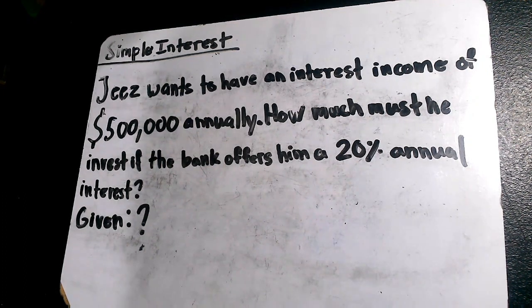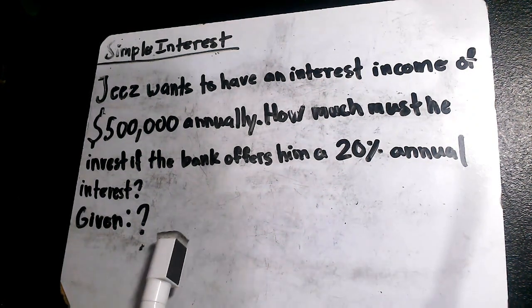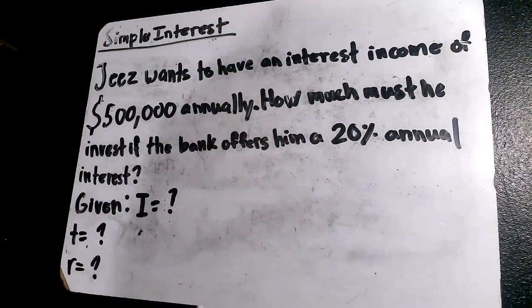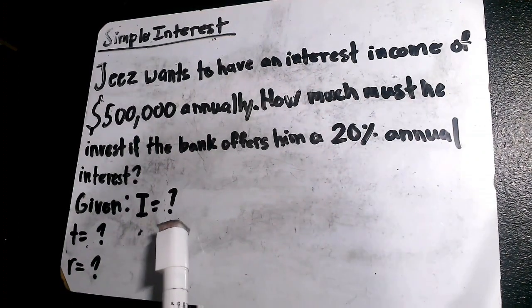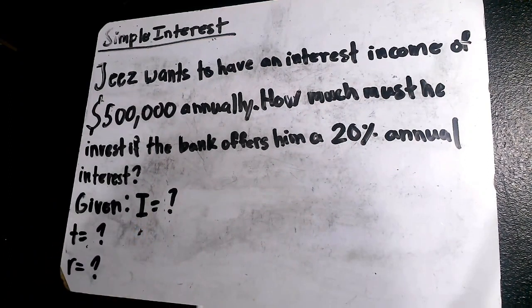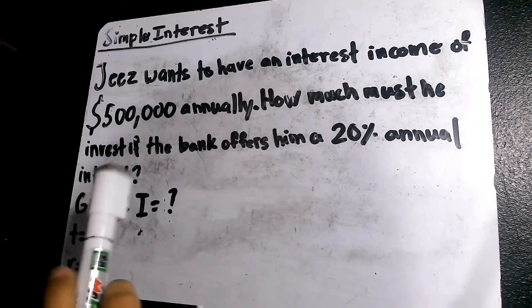The first thing we need to do is determine the given information and properly arrange them. Since we are identifying the given information, we should first look for I. We have already determined that 500,000 is a given information. Giz wants to have an interest income of 500,000.